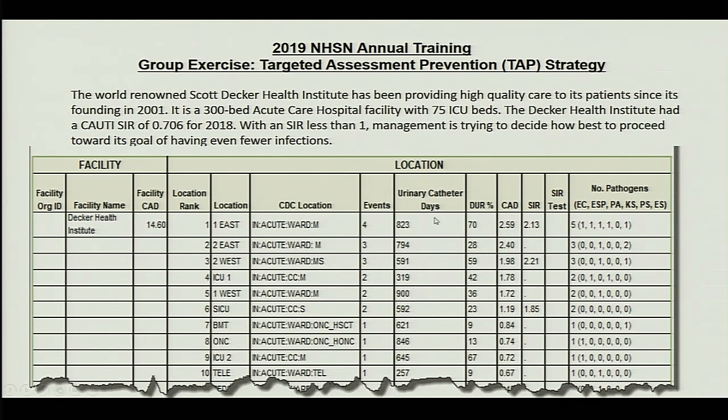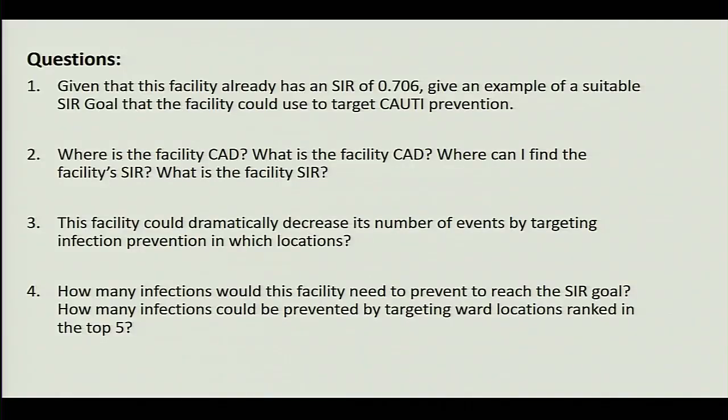Okay, and so from here we are going to have four questions that are strictly based on the TAP report, making sure you all are able to pull out the information that we have here. So, question number one: given that this facility already has an SIR of 0.706, give an example of an SIR goal that the facility could use to target CAUTI prevention.